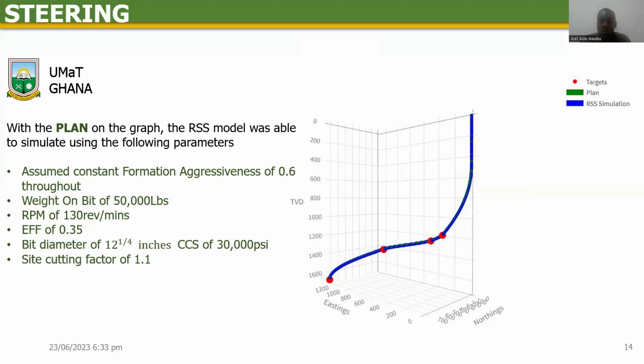Based on these parameters, we could steer the bit with minimum deviation and high accuracy based on each survey station with the target points. We used an interval of 10 feet for each survey station to get an accurate well path.